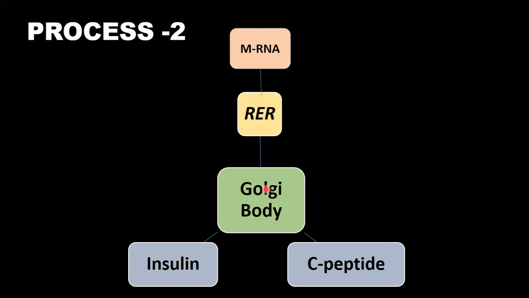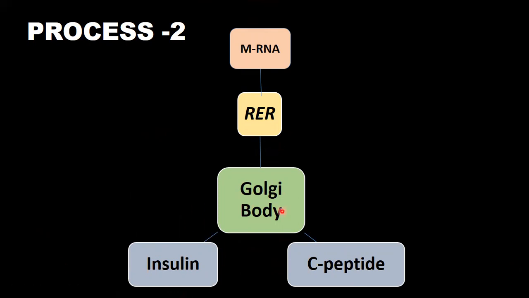Then it sends this to the Golgi body, and the Golgi body does all the packaging and then releases the protein, that is insulin and the C peptide. Insulin basically has two parts, the insulin part and the C peptide part. So it is a complete insulin molecule and not different parts.